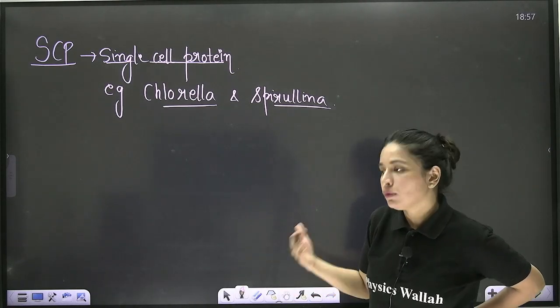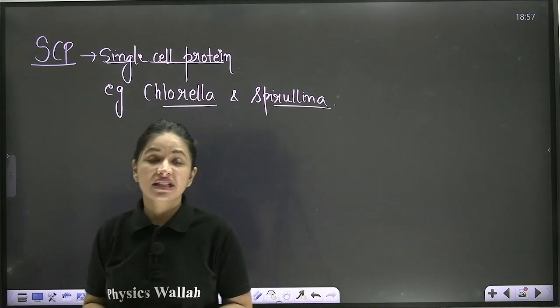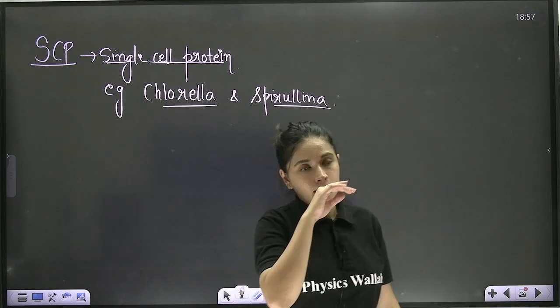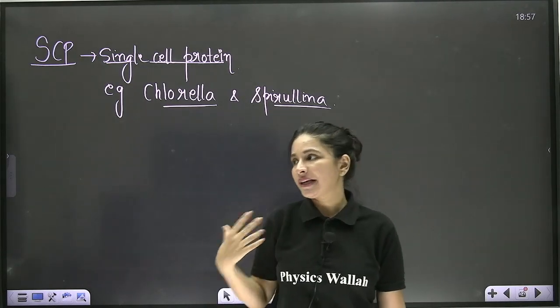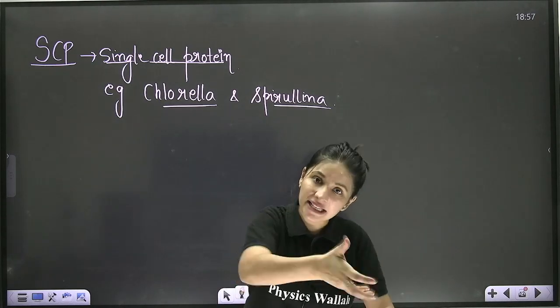So basically now, see, no matter how much plant breeding you practice, we people are so hungry, in the sense that whatever best you get, you try to get even the best out of the best.